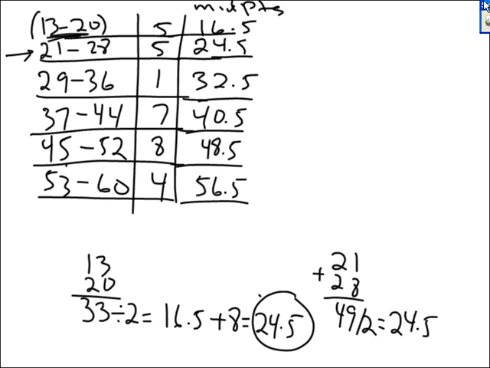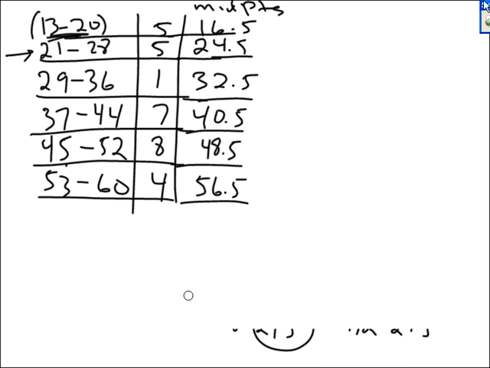Okay. Those are the class midpoints. This is how you draw a frequency polygon. You have the frequency column and the class. So like I said, it uses the midpoints.